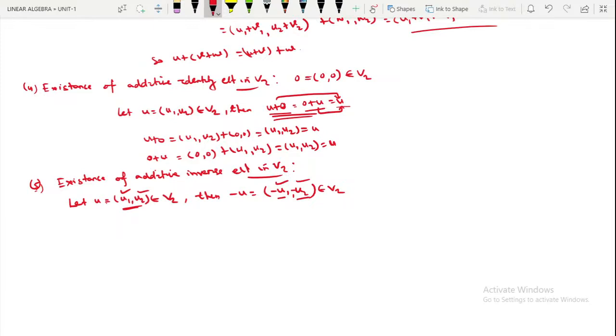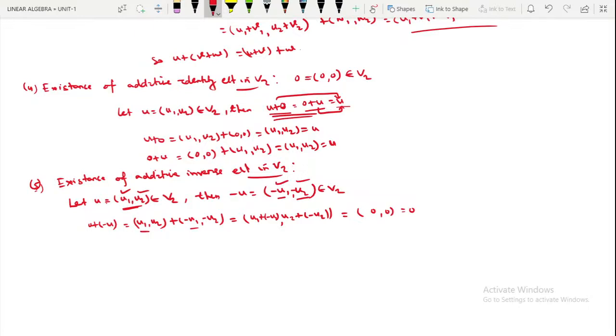Now if I take u plus minus u, that is u1 comma u2 plus minus u1 comma minus u2, by coordinate-wise addition, this is u1 plus minus u1, then u2 plus minus u2, which is 0 comma 0, that is 0.